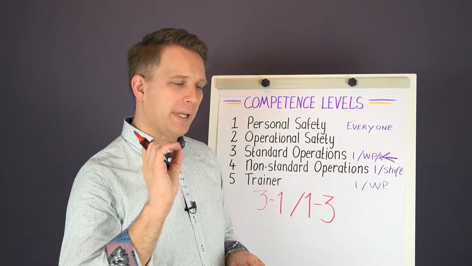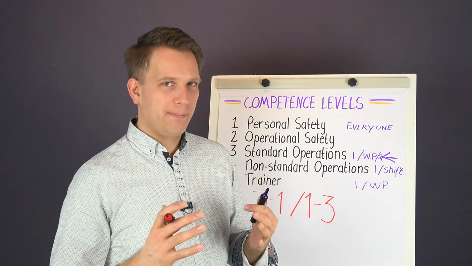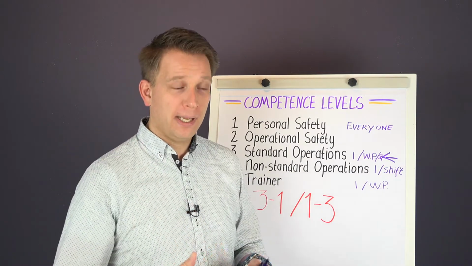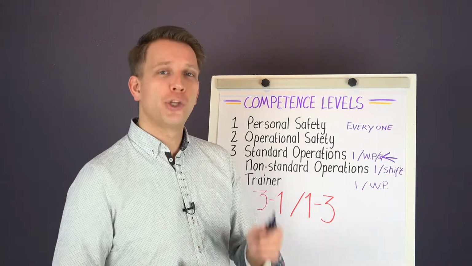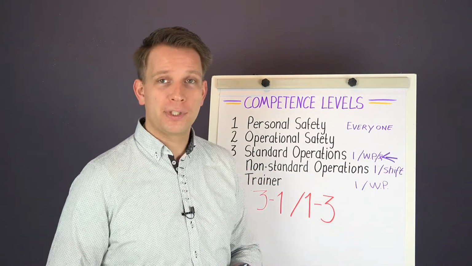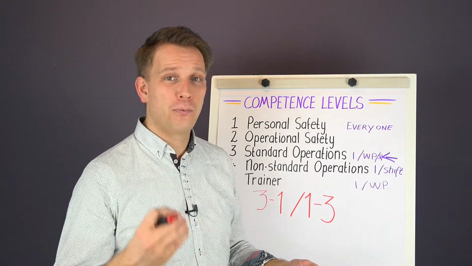But here, there's also the thing about how urgent is it. Now, if you are running a continuous production, and especially in shifts, you always want at least 1 level 4 person for each of the processes you are running to be present.